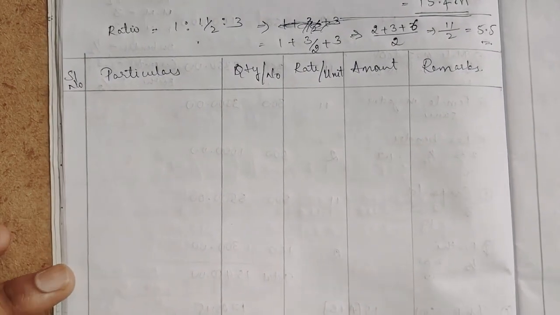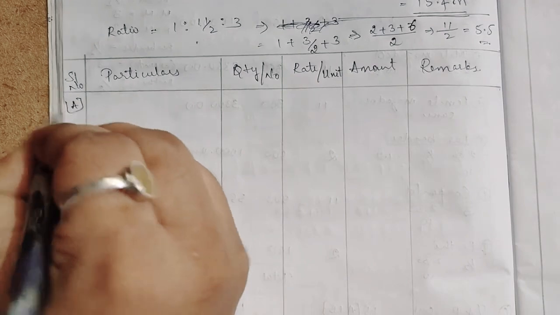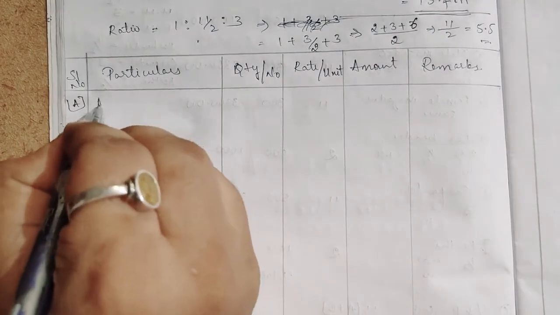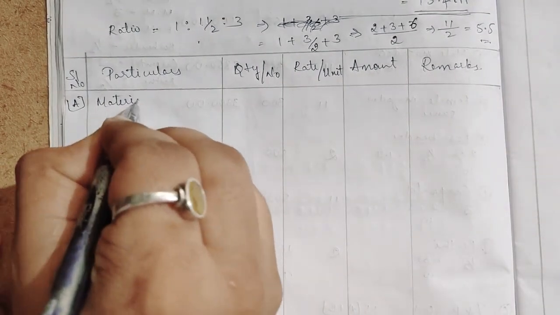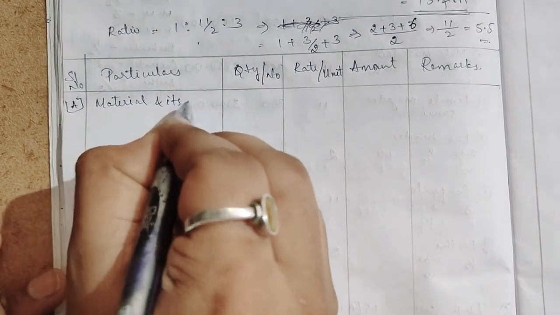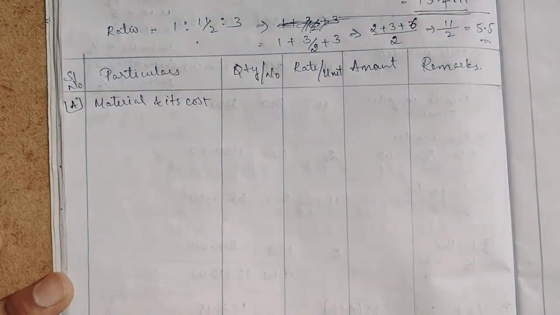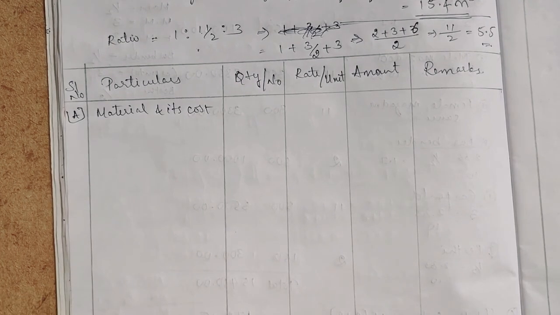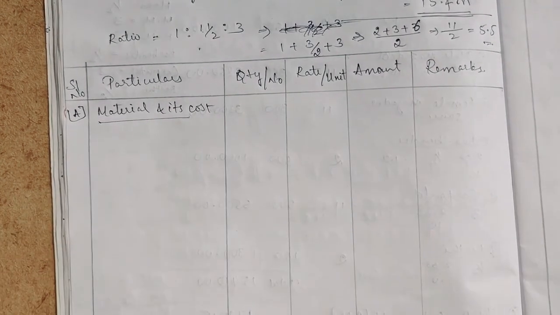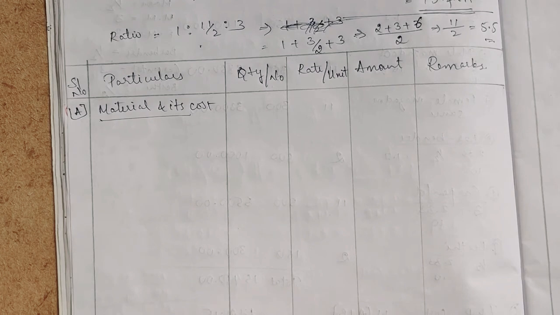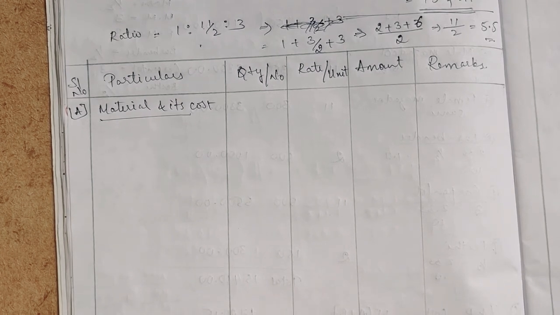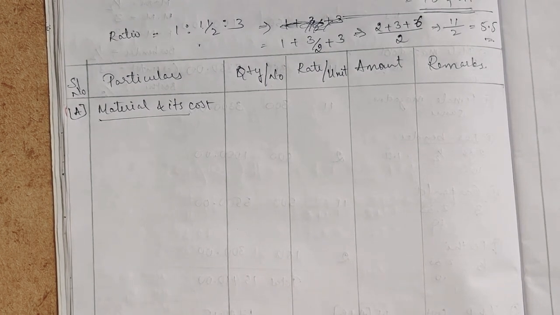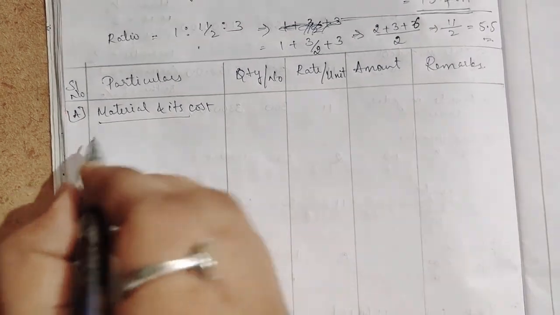Now we have to do the same. So A1, first step, that is material and its cost. Then what is the quantity or number? For the column we first need concrete, and we also need steel, binding wire, and also the form work, right?